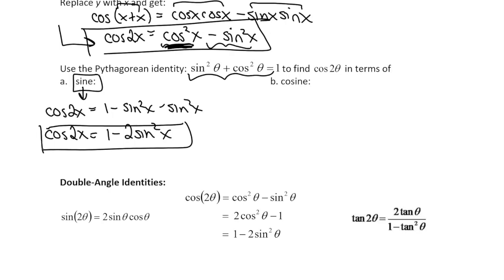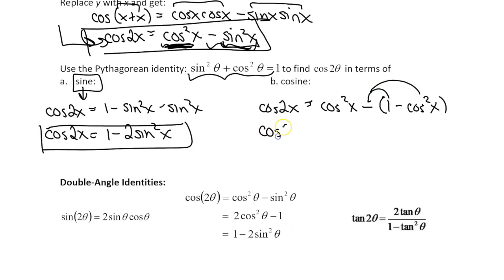The third option would be changing everything into cosines. If we have cosine 2x and we look back up here, that's equal to cosine squared x minus, well, instead of saying sine squared x, I substitute it with the Pythagorean identity to replace it with something here that says 1 minus cos squared x, and we distribute the negative.